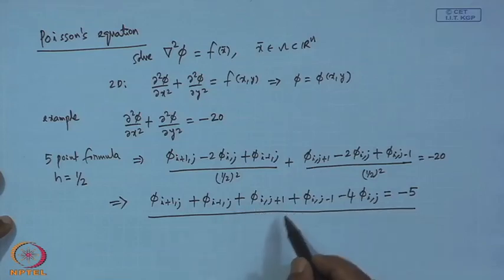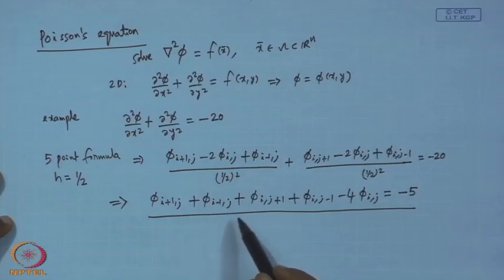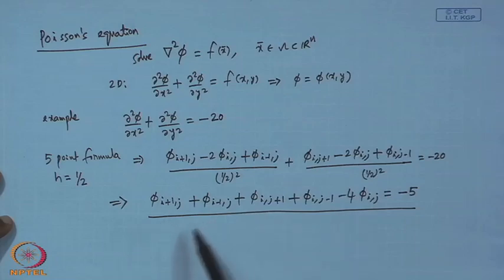So, now given the corresponding domain and the boundary, we do the similar process, similar to the Laplace case. Okay. So, hence the net story is we end up with a system of equations even in this case as well. Okay.